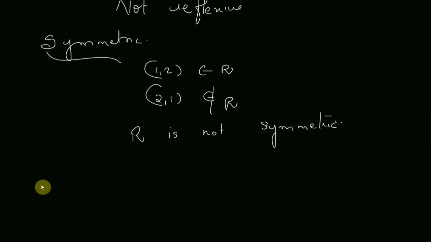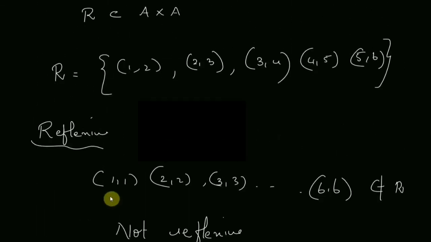Is it transitive? Now, what do you check for transitivity? If you take (1, 2), just check whether you have an ordered pair starting with 2. Yes, you have. So (2, 3) is there.